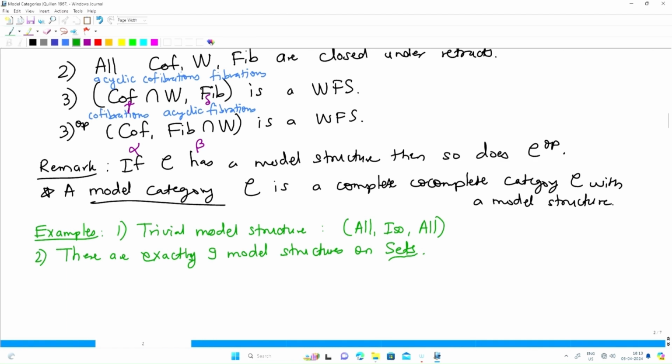Exactly 9 model structures, but they are all boring. They don't really give you anything. So for example, mono, all, epi, then epi, all, mono. So you want to invert everything, and then mono and epi and mono, that doesn't matter.